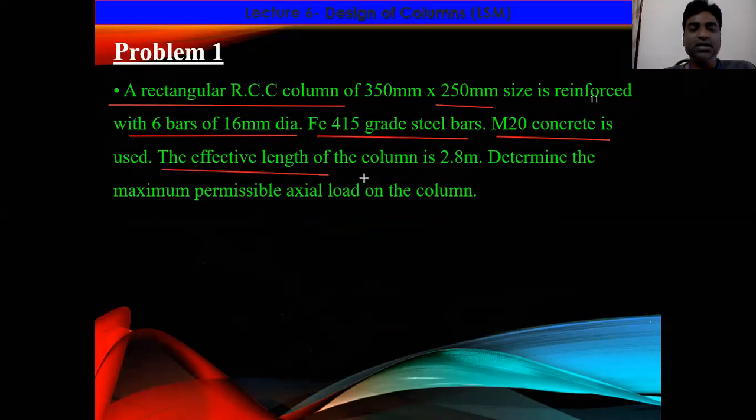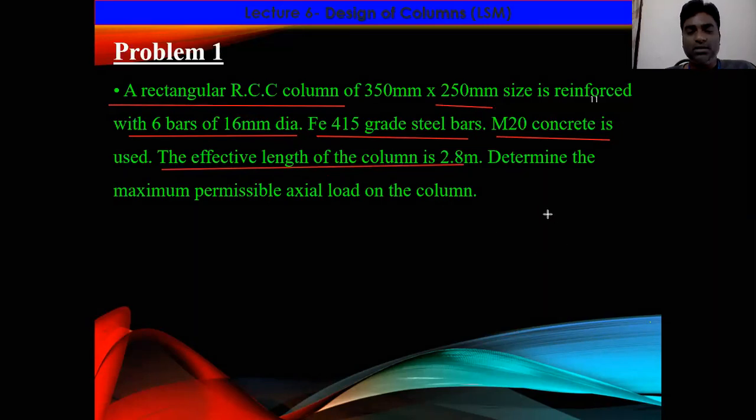The effective length of the column is 2.8 meters. Here they have directly given the effective length of the column. Then determine the maximum permissible axial load on the column. One thing you should remember, the effective length is already given.